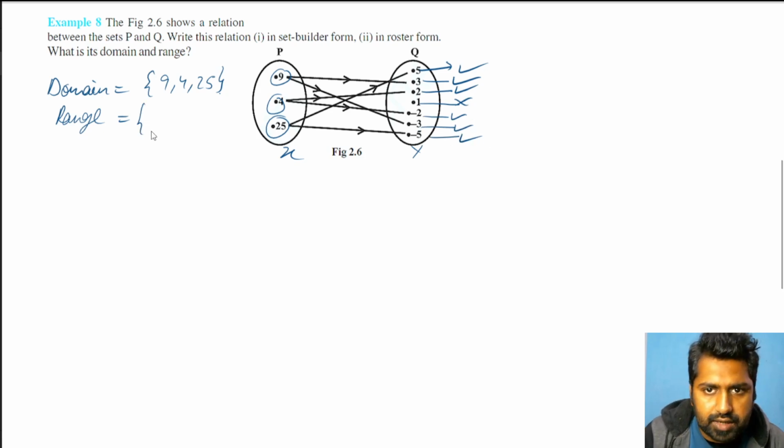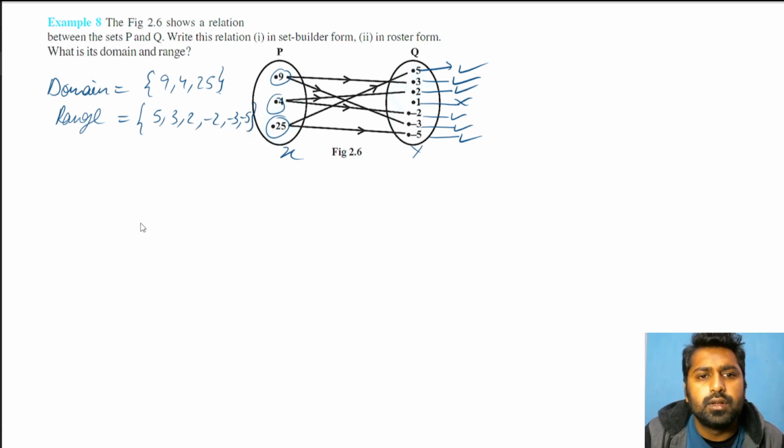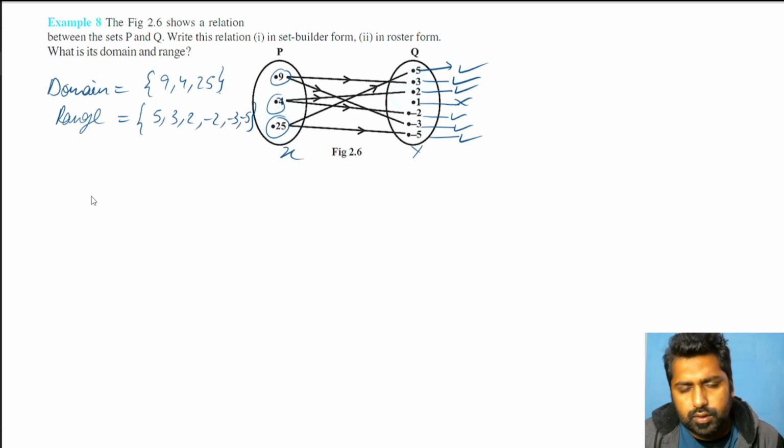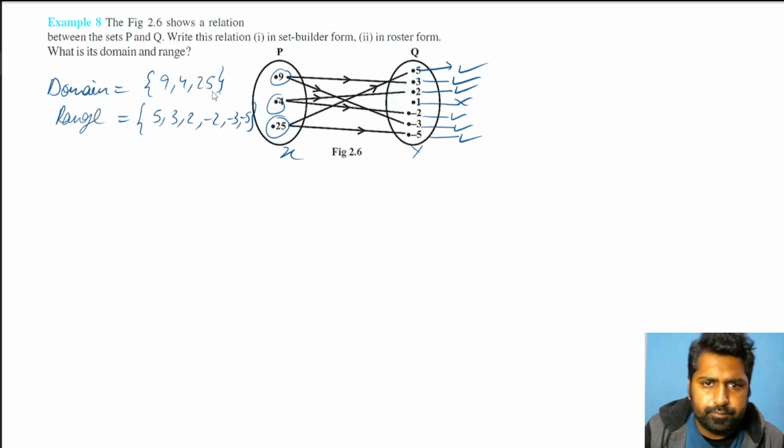So for range that will be 5, 3, 2, -2, -3, -5. Order does not matter in a set. I think we have already discussed this, so I can write this in any order. That was domain and range.